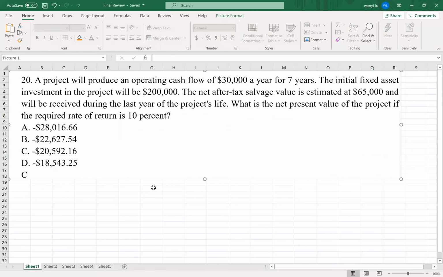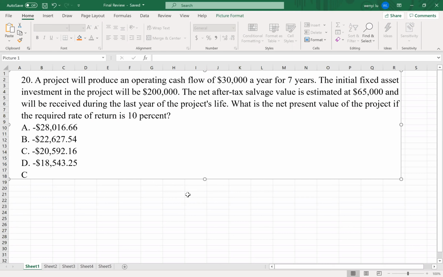Last year, students did these questions in class using the financial calculator or manual calculations. But as we do the remote test, you can use the computer and Excel. It will be more convenient and more efficient. So let me show this one now.